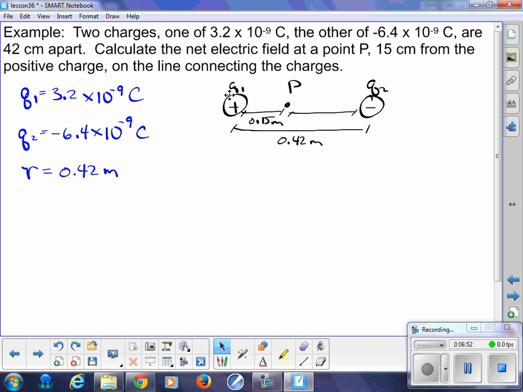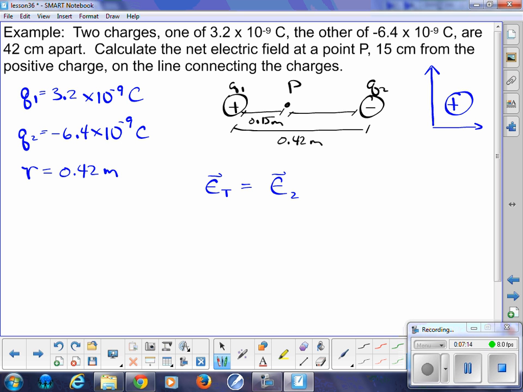You can do this two different ways, and it doesn't really matter whether you do it in stages. We could say that the total electric field strength, ET, is equal to the electric field strength from charge 2. Again, I'm going with the convention of this being my positive direction.